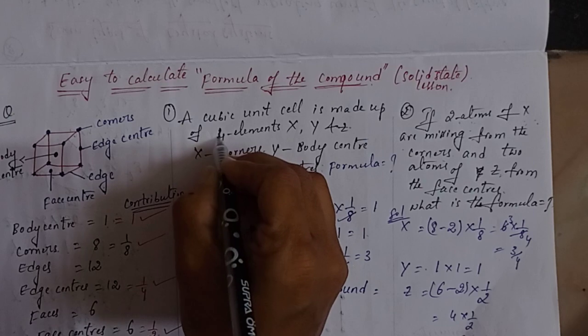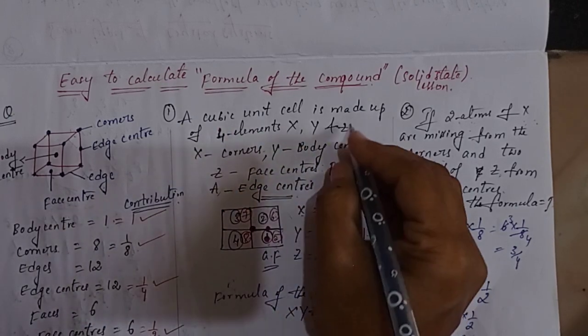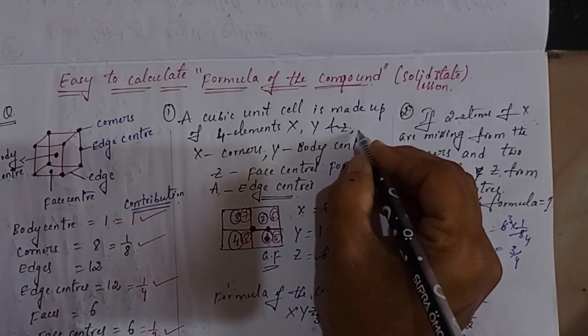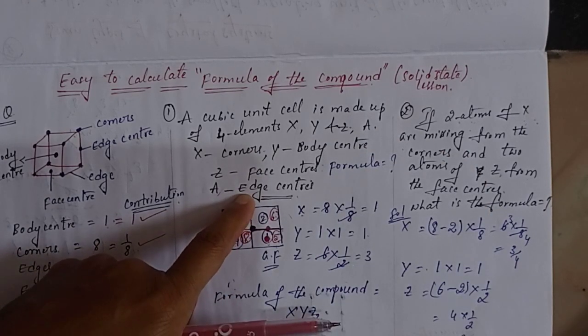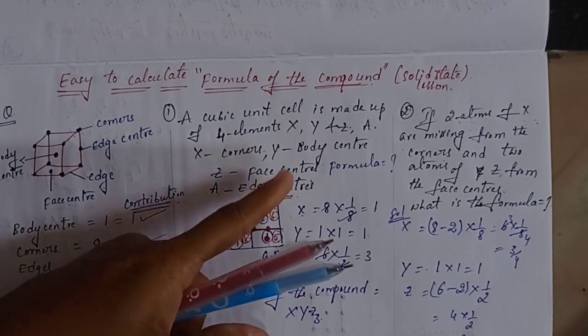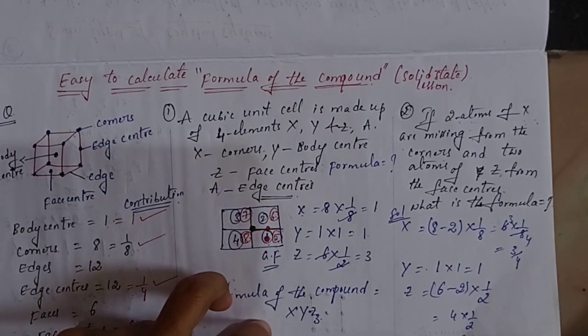Then you can easily understand: 4 elements X, Y, Z, and another one, A, also take. Now A atoms, where are they, students? At the edge centers. Are you following? Now see this one, observe this problem once, students.